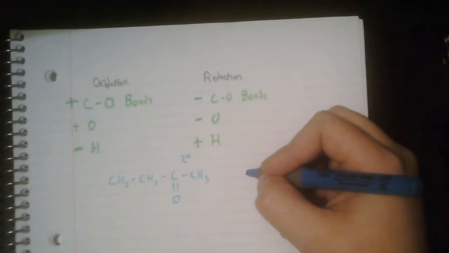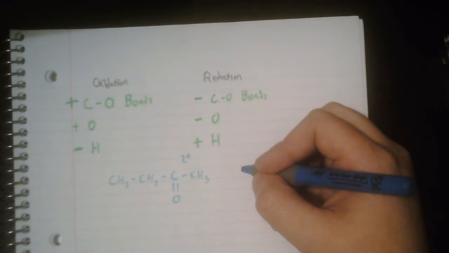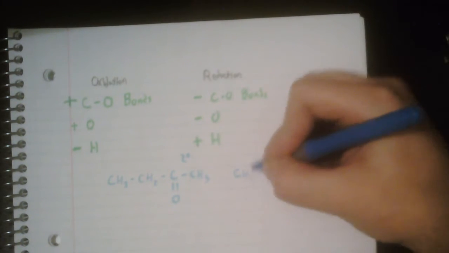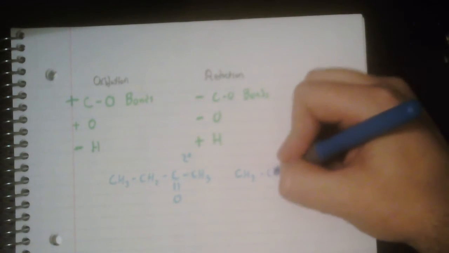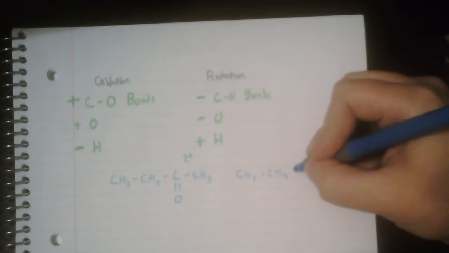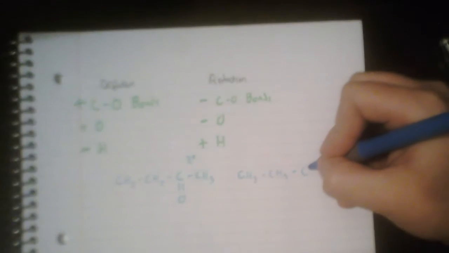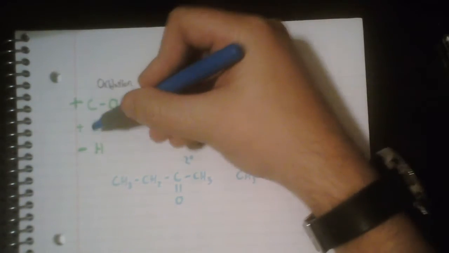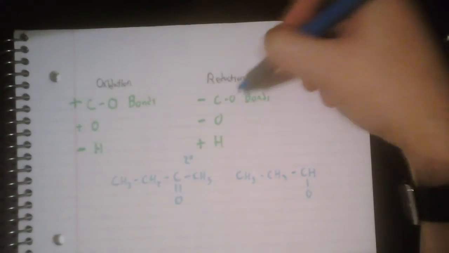So this is going to be reduced into a secondary alcohol. So we're going to rewrite that: CH3, CH2, and this guy is going to be a CH single bond oxygen. So you see we lost an oxygen over here.